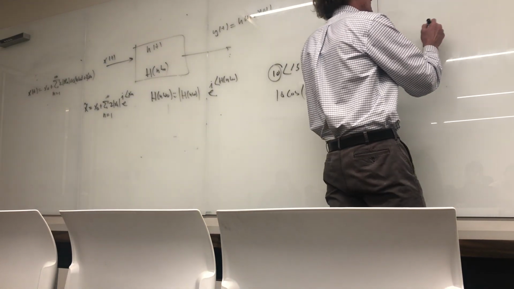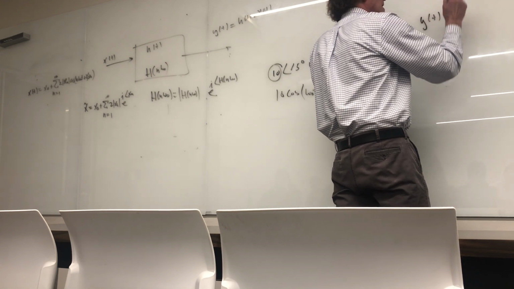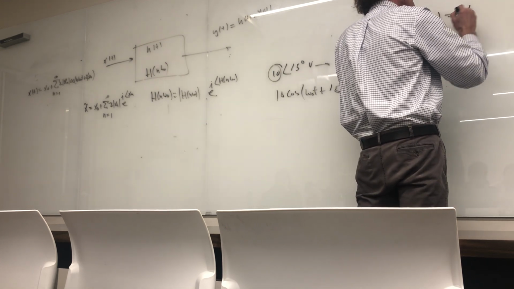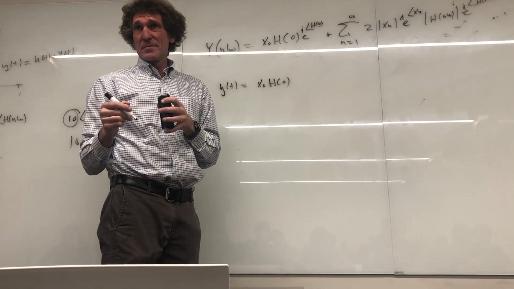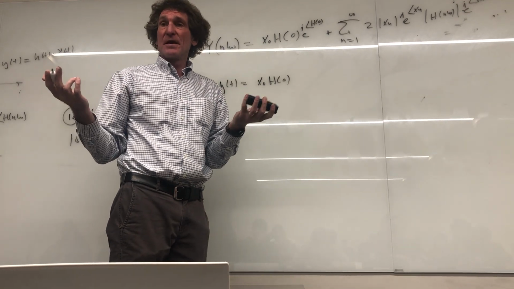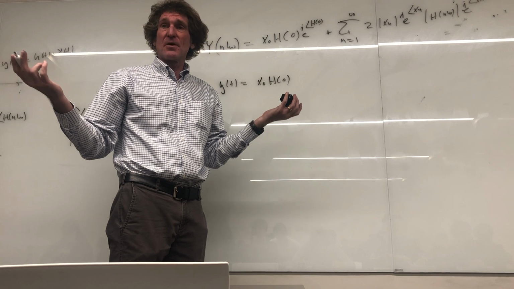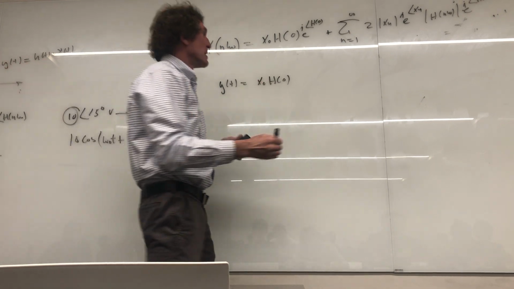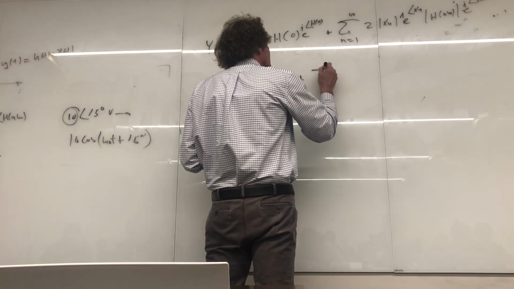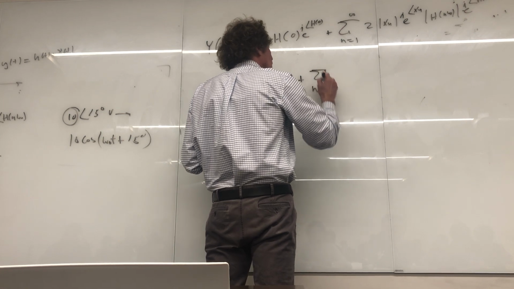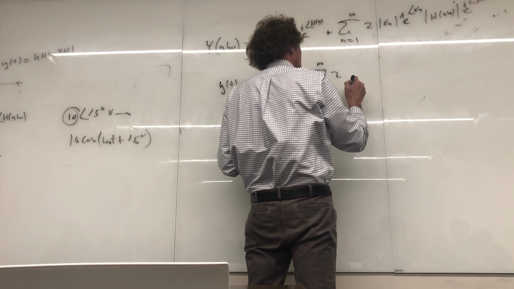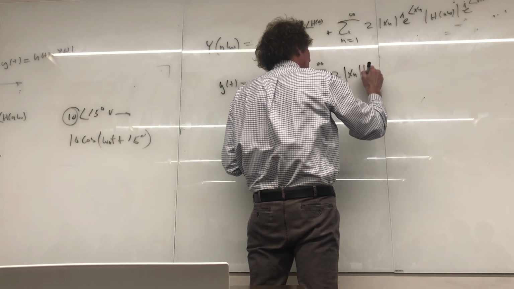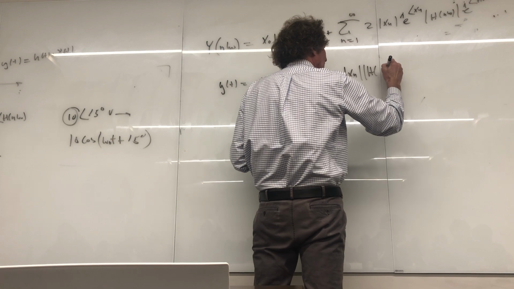Now when we take this to the time domain, and this is what we have to do correctly, I can say that y of t will be equal to the DC term, x naught times h of 0. You might as well forget about the phase because it's almost always 1. It's just the transfer function value. If the transfer function has a negative sign, go ahead and put it in there. But that's a constant. Then it's plus the summation, n equals 1 to infinity, of 2 times the magnitude of x of n times the magnitude of h of n omega naught.